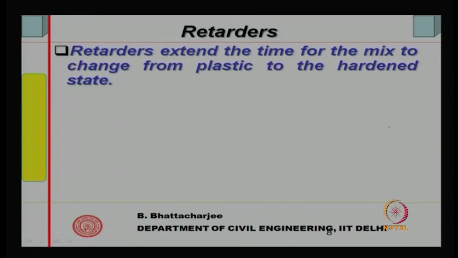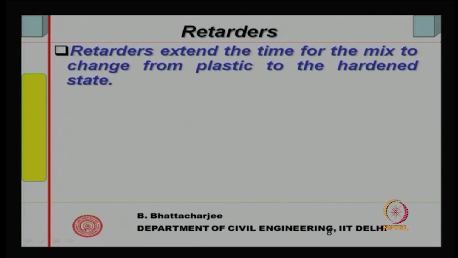Now, we can come to retarders, another kind of admixtures, and we defined them as the ones which will retard the setting and hardening process. Let us see what they are. Essentially, retarders extend the time for the mix to change from plastic to solid and then hardened state.